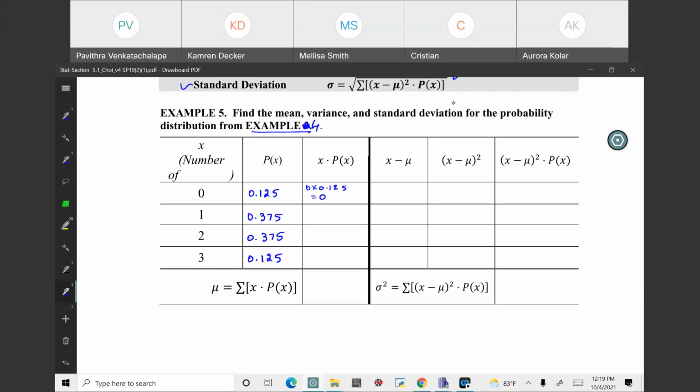Next. What is the next value? 0.375 and 0.75. I need the answer from this column. What will be the last value? Multiply 3 with 0.125.